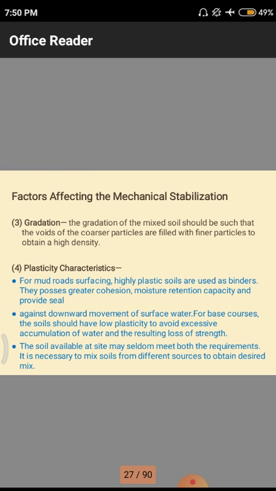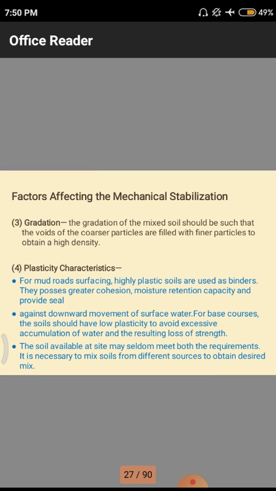Likewise here also we need to have these plasticity characteristics by adding some quantities of different materials from other lands. First of all, for mud road surfacing, that means normally in villages we observe these mud roads. Why? Because the vehicular movement is very low in the villages, so we get these mud roads. Why?